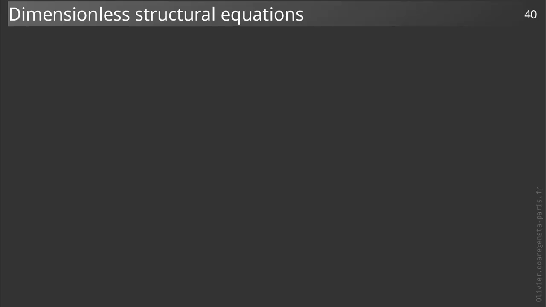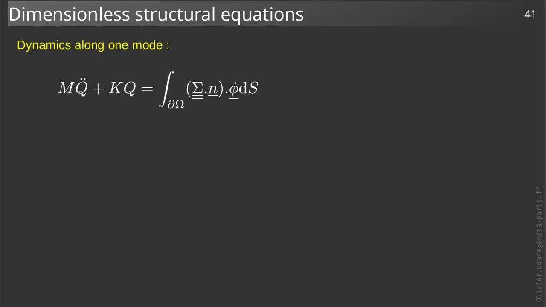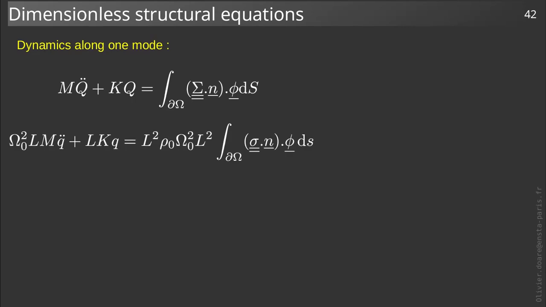Let us now turn our attention to the scaling of the structural equation. In our description of the dynamics according to a single structure eigenmode, we are dealing with a single oscillator equation forced by the fluid stress at the interface projected on the solid mode. We always use 1 over omega naught and L for time and length scaling respectively.